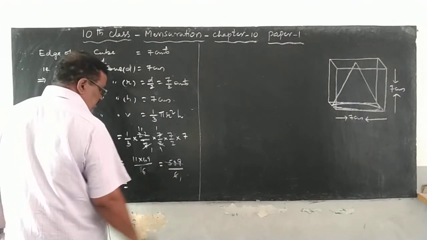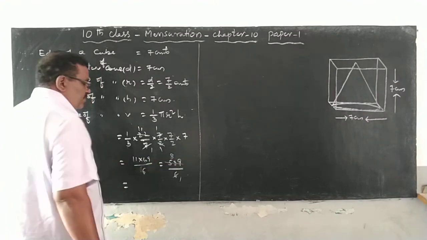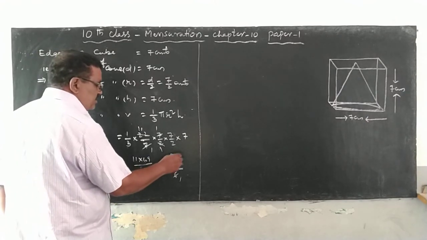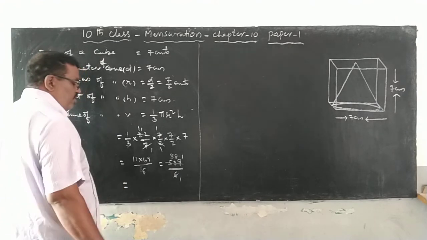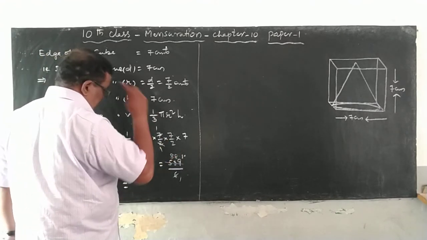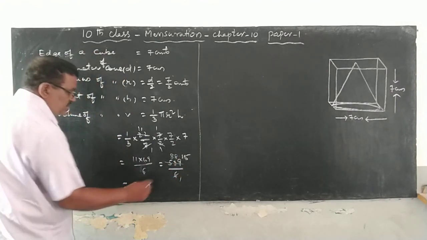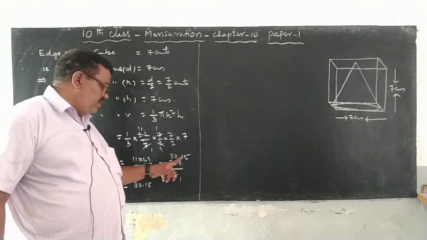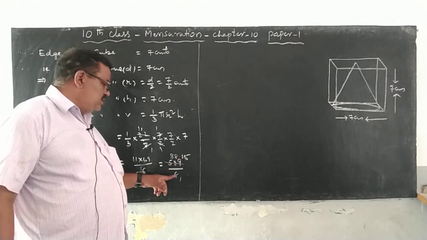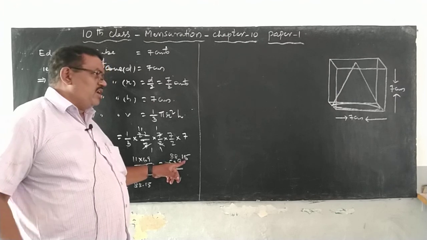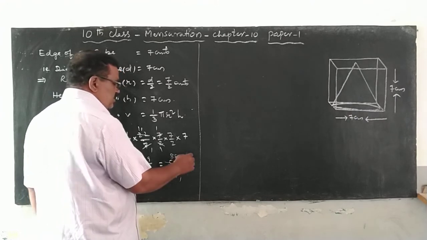6 8s are 48, remainder 59. 6 8s are 48, remainder 1, point. 6 1s are 6, remainder 4, 40, 6 6s are 36.